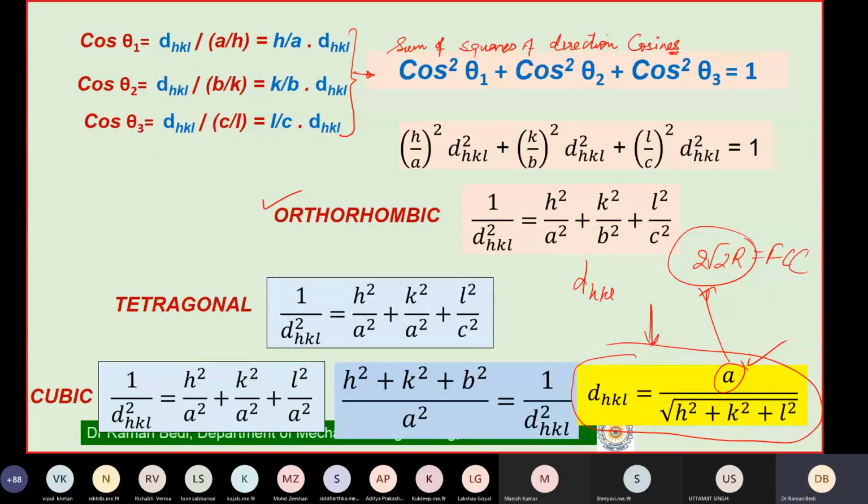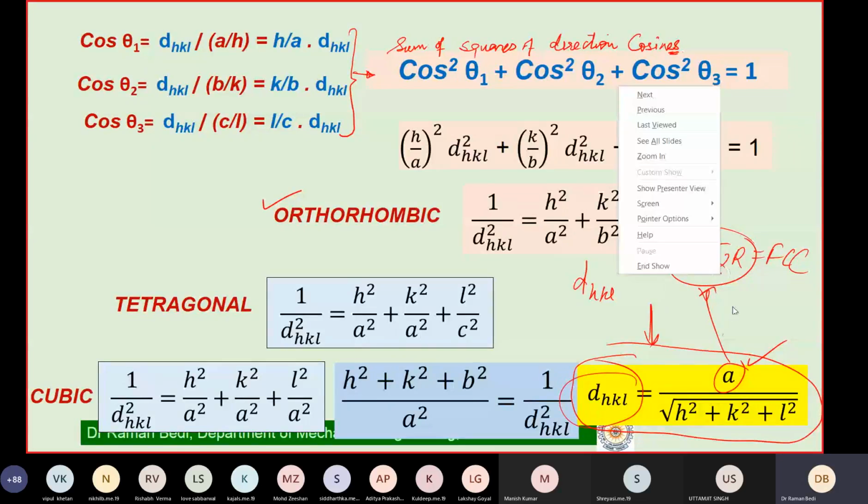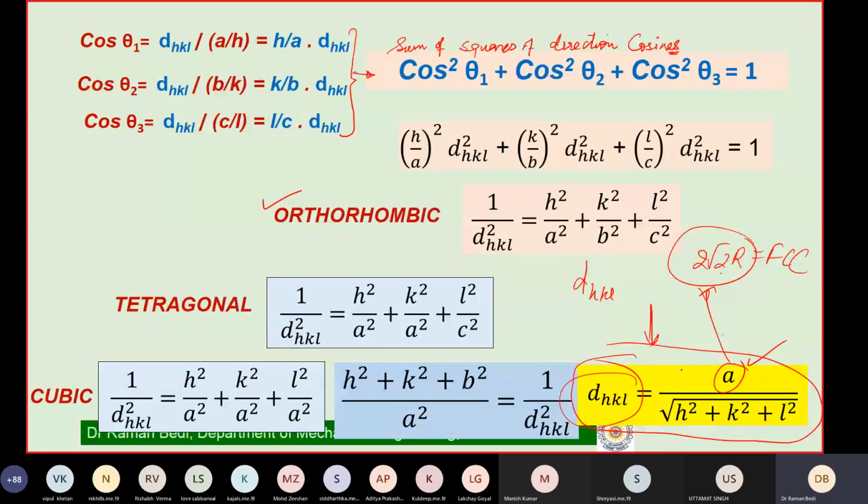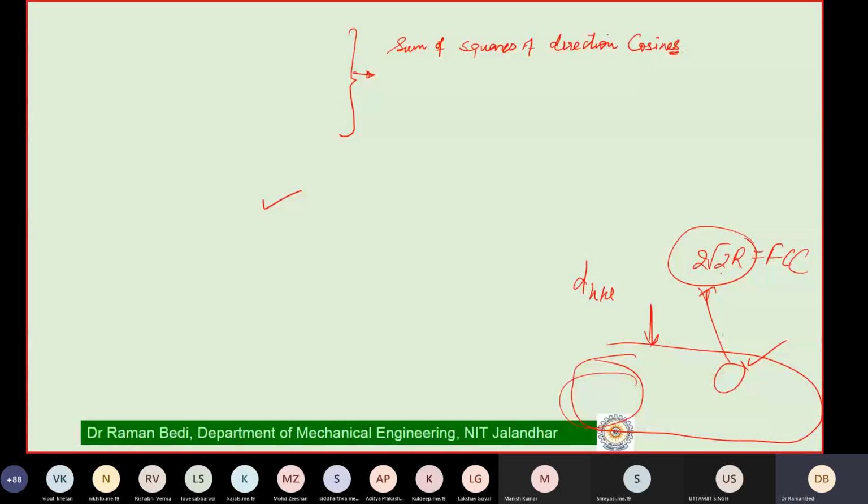So I can find the distance between successive HKL planes in terms of A and R. This is the expression we will try to derive. Not a difficult one, at least for engineering students.